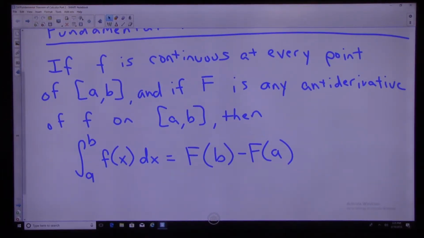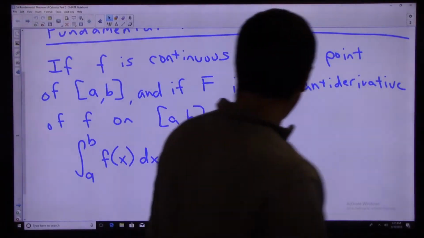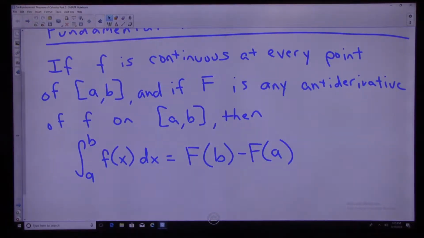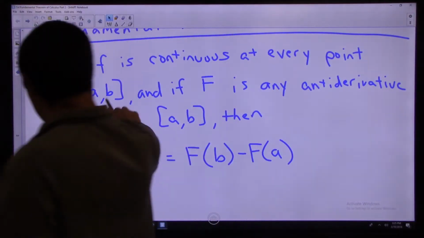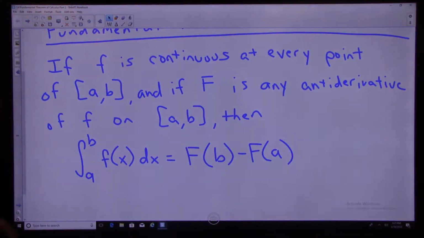So it says if f is continuous at every point of the interval a to b, and if capital F is any antiderivative, remember, capital F means antiderivative, of little f on the interval from a to b, then what we can do is to find the integral from a to b of f of x dx.